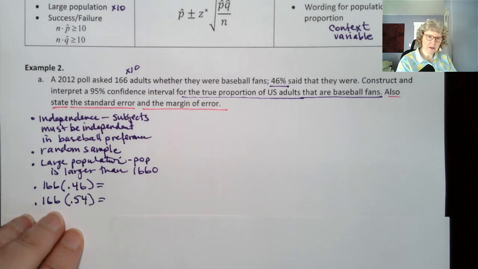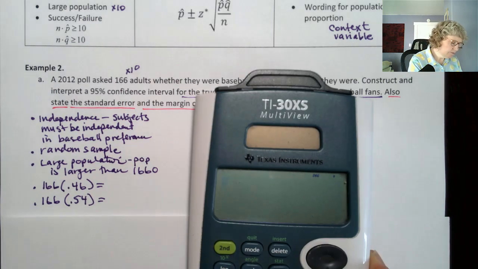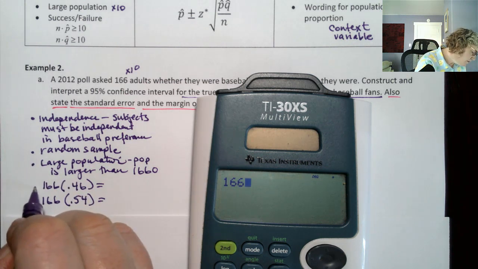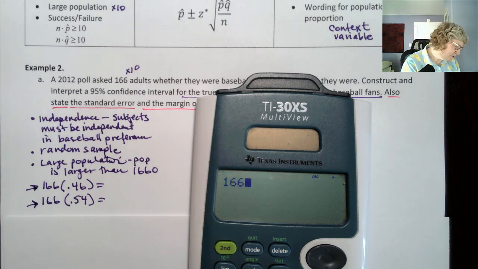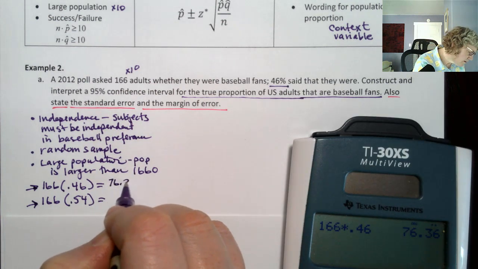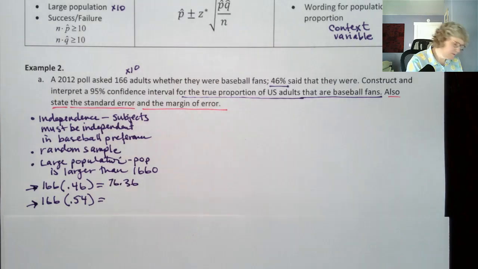Remember, it's when you're at very high or very low percentages that it's more of an issue. 166 times 0.46, oops, I made a calculator typo. I want to put an arrow there because that looks like I wrote a decimal on the notes because I was doing a bullet point. 166 times 0.46 is 76.36. And then 166 times 0.54 is 89.64.